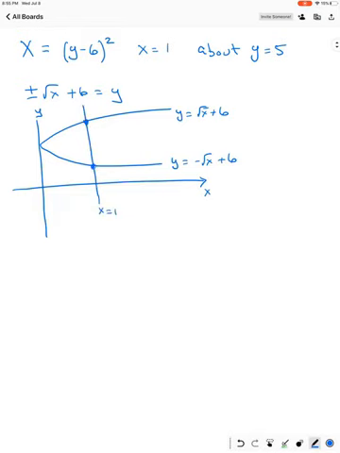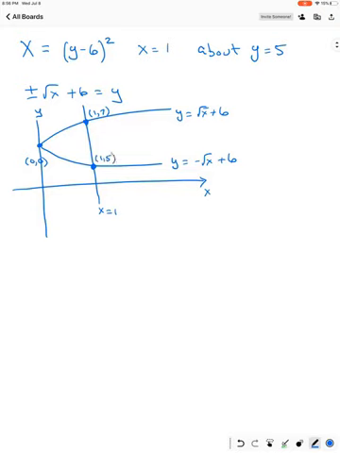And the point of intersection here is going to be 0, 0. That's easy. And then this point is when x is equal to 1. For the top part, y would be equal to 7, so 1, 7 is my point. And on the bottom, when x is equal to 1, y would be equal to 5, so my point is 1, 5.